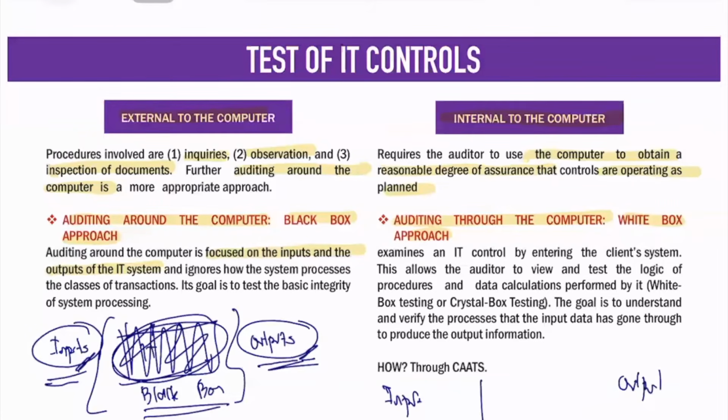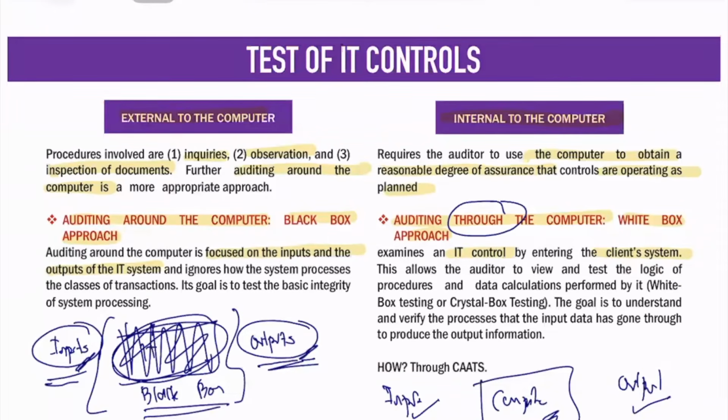But we look now into the computer. That's why, through the computer, we do not only look into the input and output, but we also look into the process flow of your computer. So it examines the IT control by entering into the client system. In short, you enter into the computer. That's why it is through the computer.